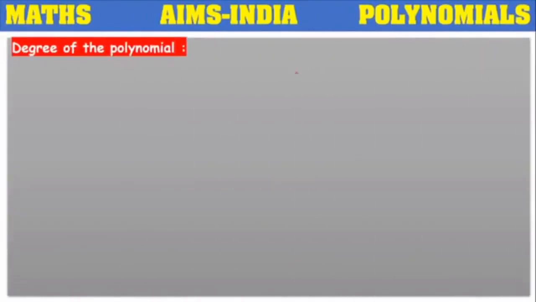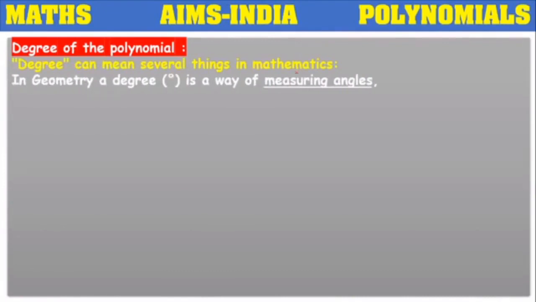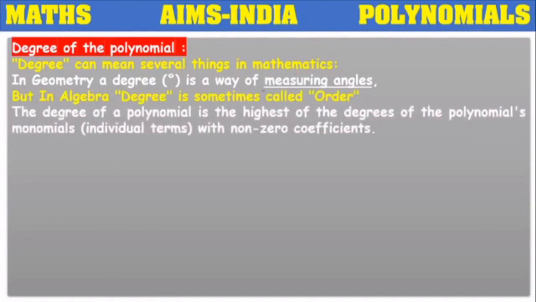Next, let's see the degree of a polynomial. Normally, degree has different meanings in different aspects. In geometry, degree means measuring angles. But in algebra, degree is sometimes called the order of the polynomial. The degree of a polynomial is the highest degree among its monomials.